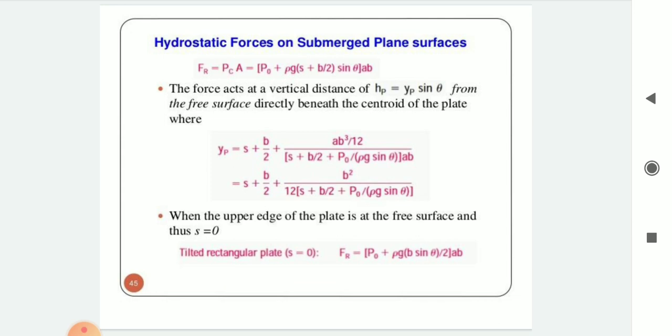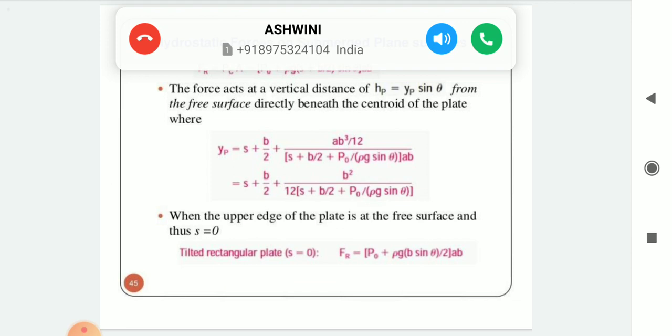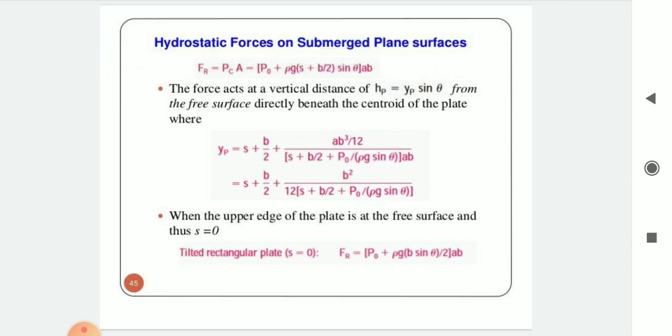The force acts at a vertical distance of hp is equal to yp sin theta from the free surface, directly beneath the centroid of the plate, where yp is equal to s plus b/2 plus (a b cube/12) divided by ((s plus b/2 plus P0 divided by (rho g sin theta)) times a b), equal to s plus b/2 plus b square divided by (12 (s plus b/2 plus P0 divided by (rho g sin theta))).